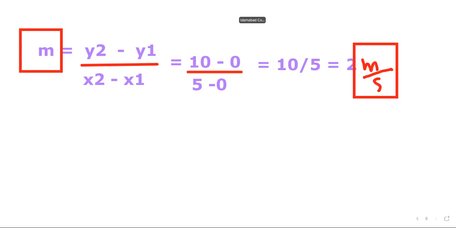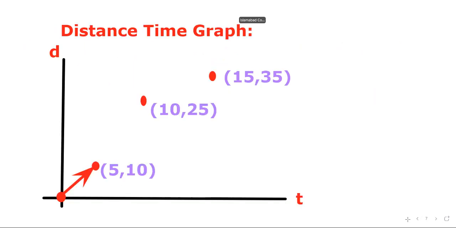Okay, so let's calculate for the second interval. Suppose the second interval is this one. So now y2 minus y1: y2 is 25 and y1 is 10.